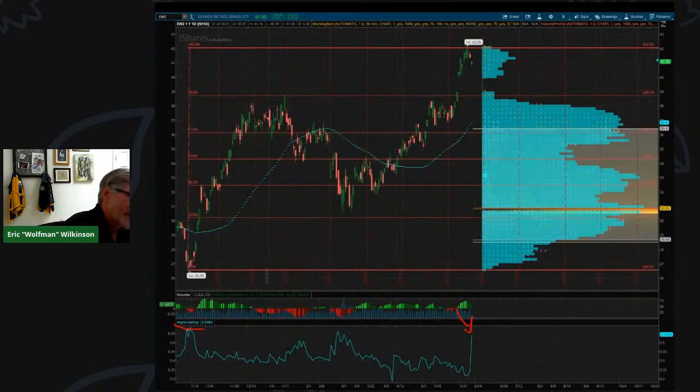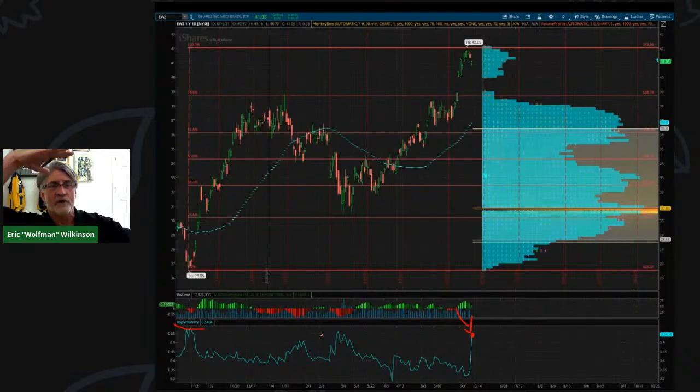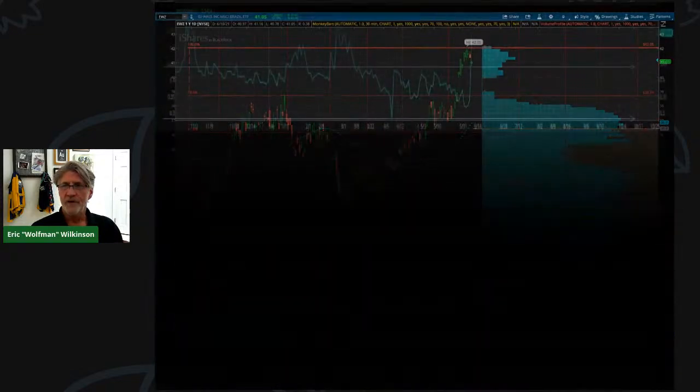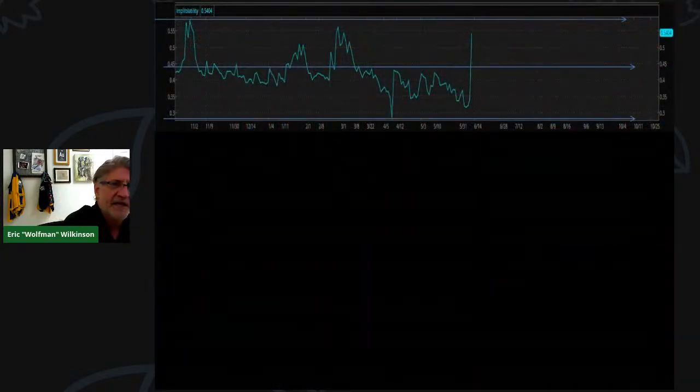And if I know where my resistance and my supports are, even in the implied volatility chart here, I could see that this is up near some resistance area, or it's elevated to that point, right? So when we're looking at this, we can zoom in and do some detailed analysis here.